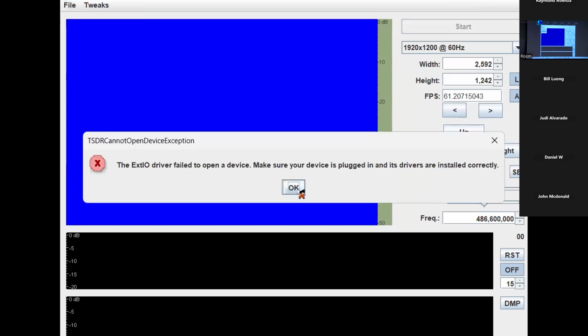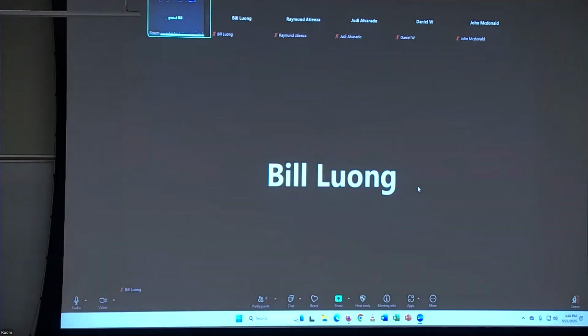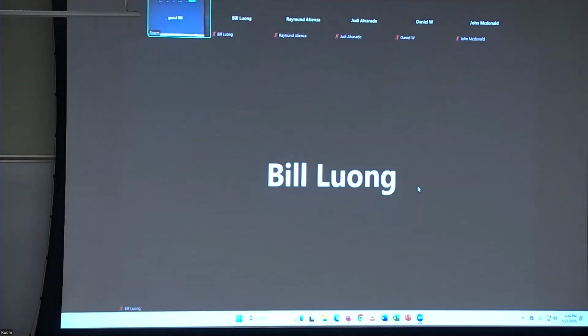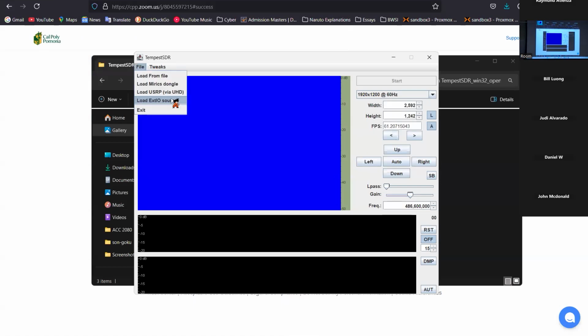Granted that I just loaded it, but interesting. Let me try again. Okay. You would load the device.